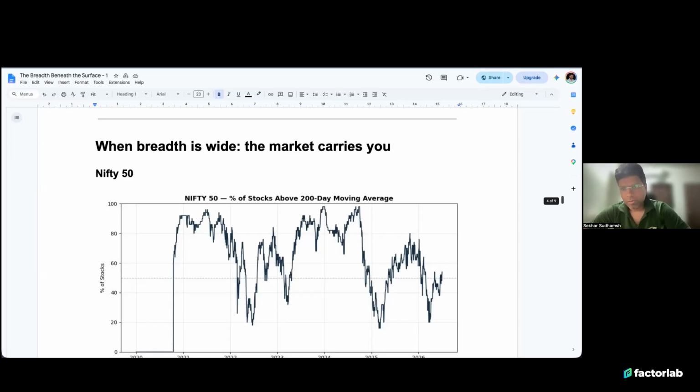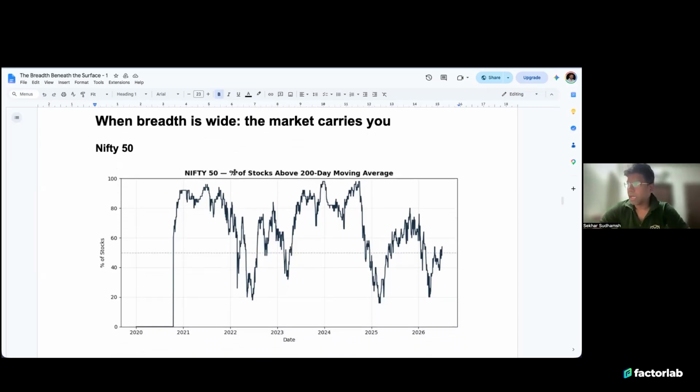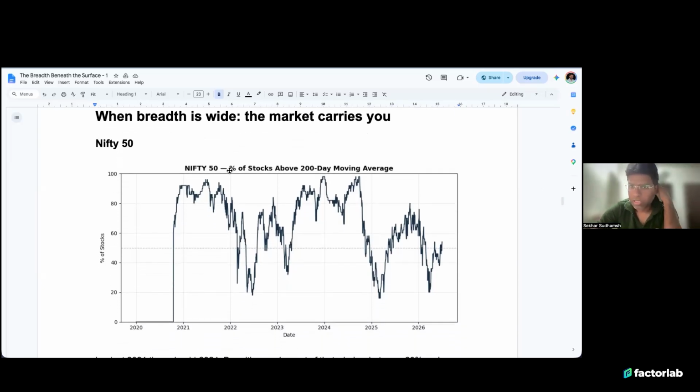And then there are some times when the markets are rallying, but the breadth is very poor. This is exactly the kind of scenario that we are seeing right now. So if you notice, I've just plotted the market breadth for the last 5 years just to give a comparison. Of the Nifty 50 stocks, during the period post-COVID to 2022, the breadth was pretty good.